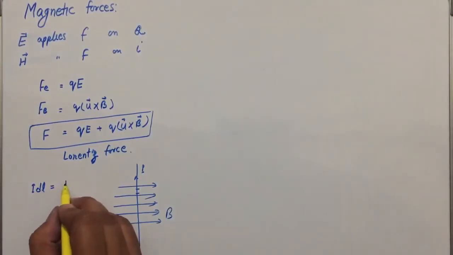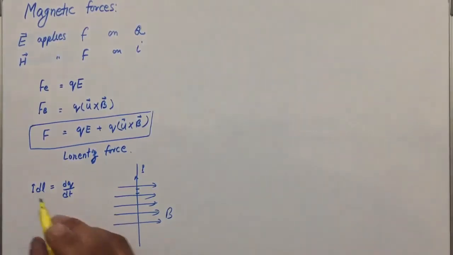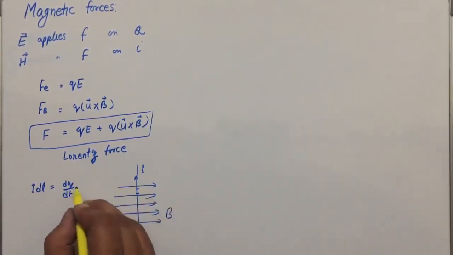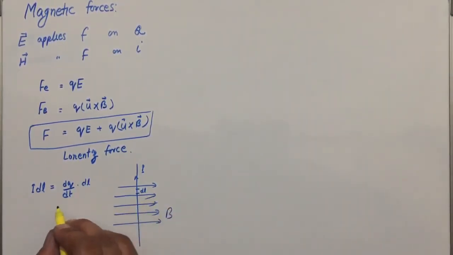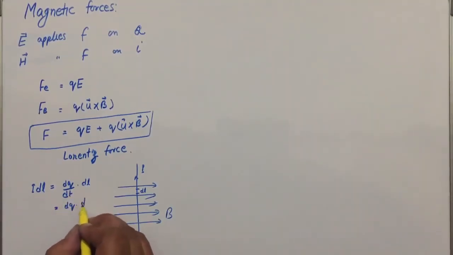This will be dq over dt, that is I, and dl for this portion, the current element. From here we can say dq times dl over dt, it is nothing but the movement of the charge, the rate of flow of the charge.